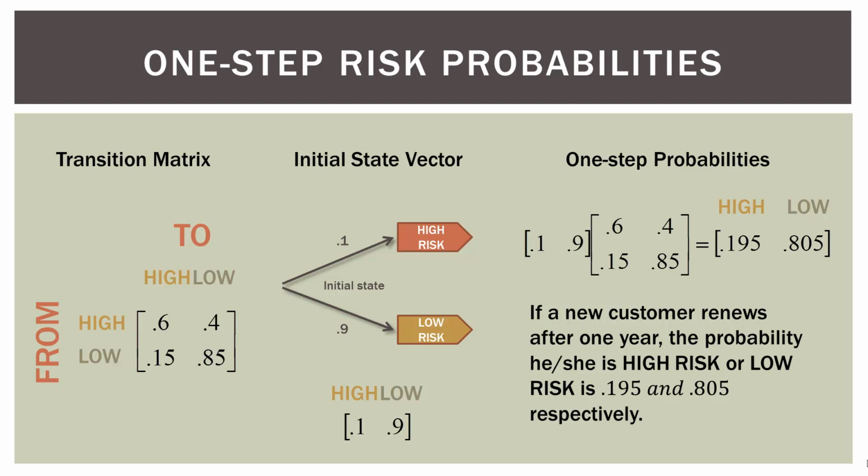Here it's 0.195 and 0.805. Now notice those are higher than the general population. So that's what we can say by the fact that our drivers in our insurance company tend to be higher risk than the general population at large.